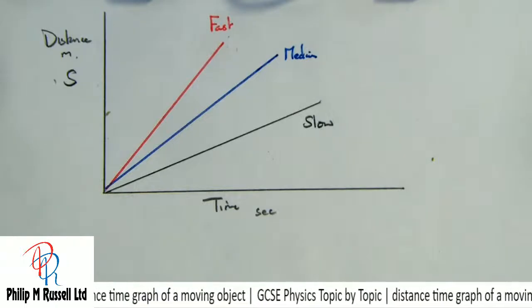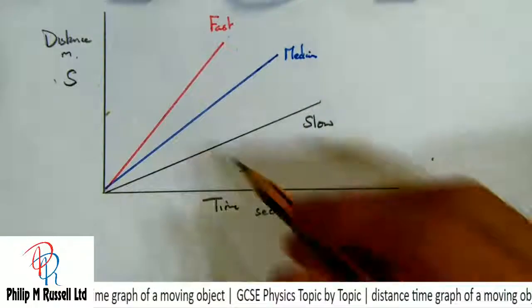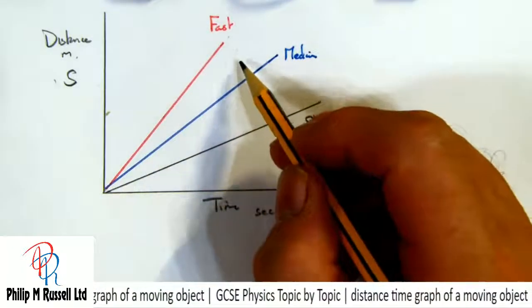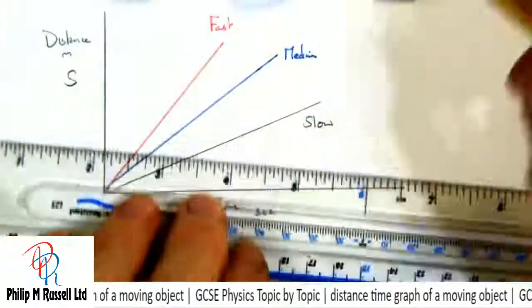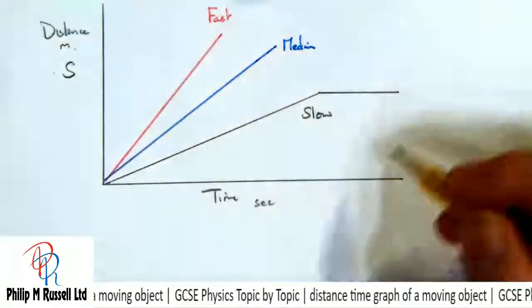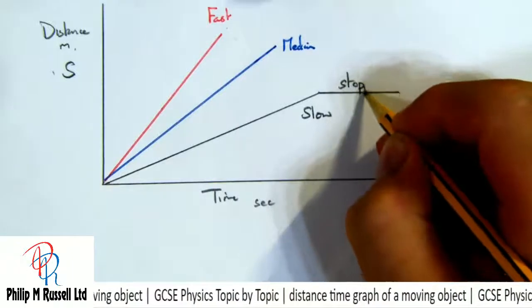So what we can see from this on a distance time graph is that if we are at a straight line that's parallel to the axis, this is stopped.